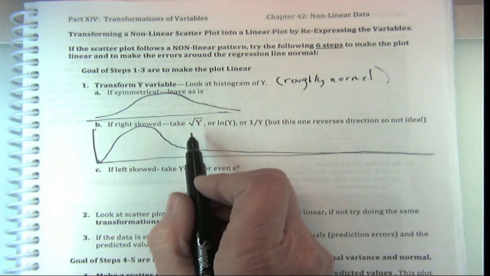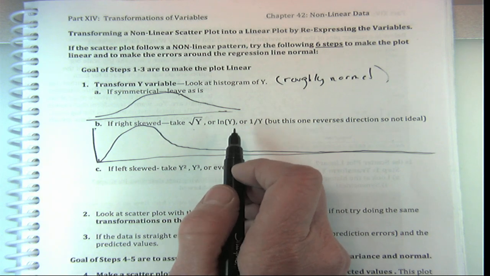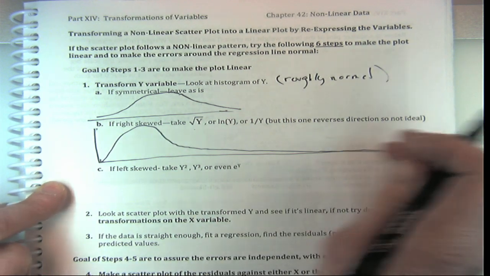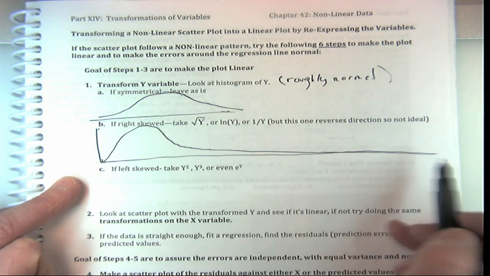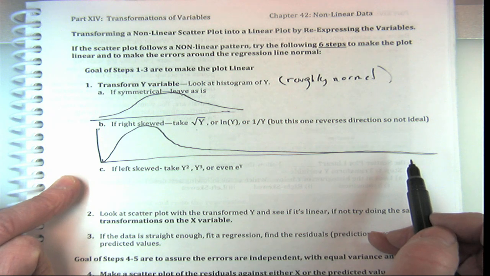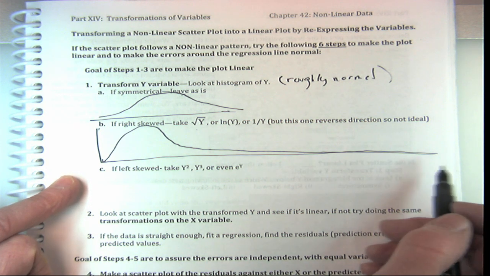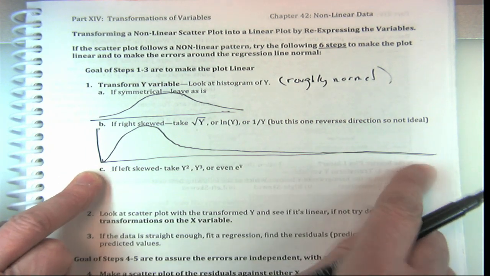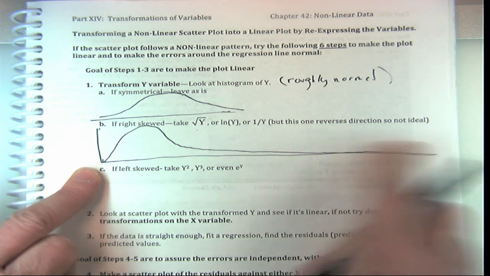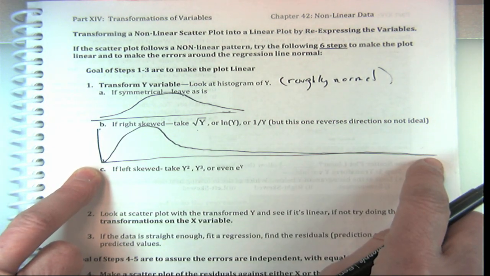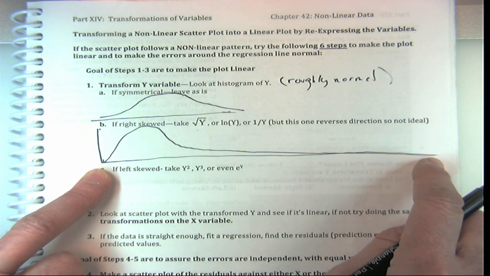So which one do you do? The square root, but let's say that didn't work. The log is an even more drastic reduction of the big values. That's even easier to see. Let's say you have data up to, I don't know, a billion. We wouldn't be able to fit data that high on a regular scale; you wouldn't be able to fit it on the page, obviously.